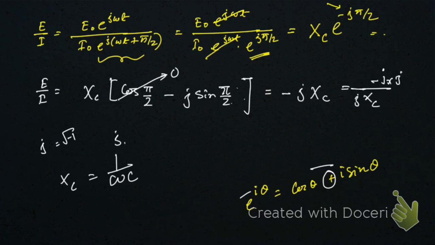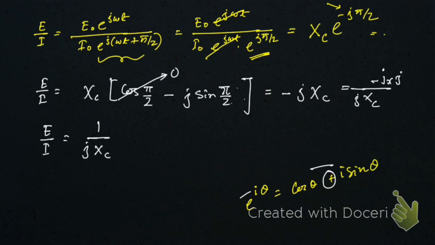If you multiply j into j, that's going to be equal to minus 1, and we have already minus here, so it's going to be plus 1. That's why we have got E by I is equal to 1 by j XC, because minus j into j is minus 1, which is equal to plus 1. Hope you got this part.